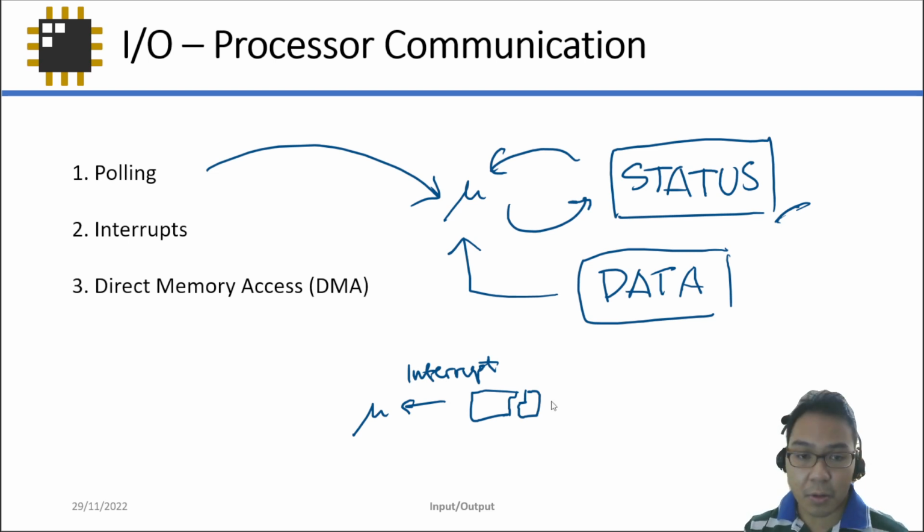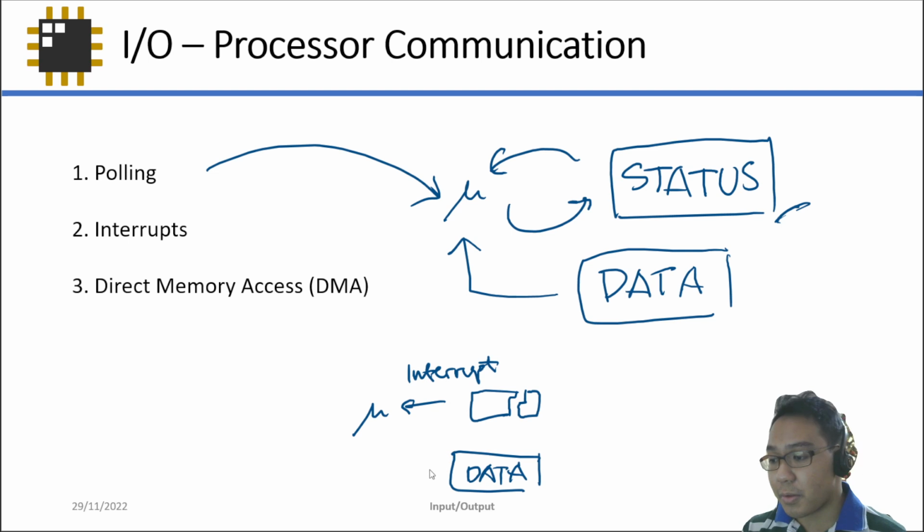In this case, for a keyboard, it has placed a key press into its data register. So then the microcontroller needs to read that and do something with it. Say, put it into the input buffer.